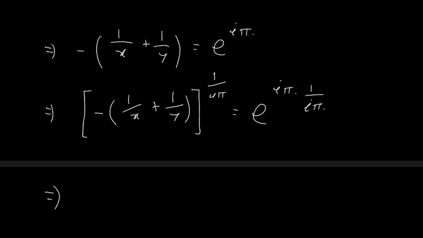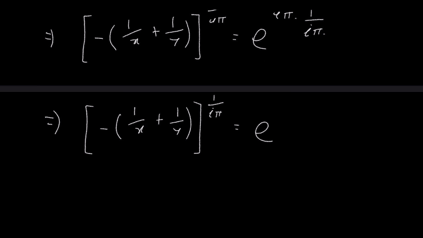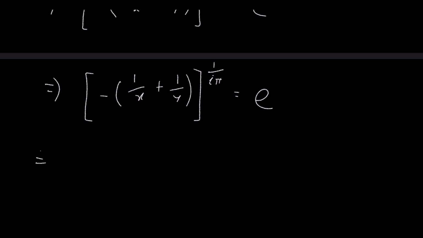And that is equal to, big brackets again, negative 1 over x plus 1 over y raised to the power 1 over i pi is equal to e to the i pi times 1 over i pi, and of course that's just e. So now what we're going to do is divide both sides by e, so we're almost finished.